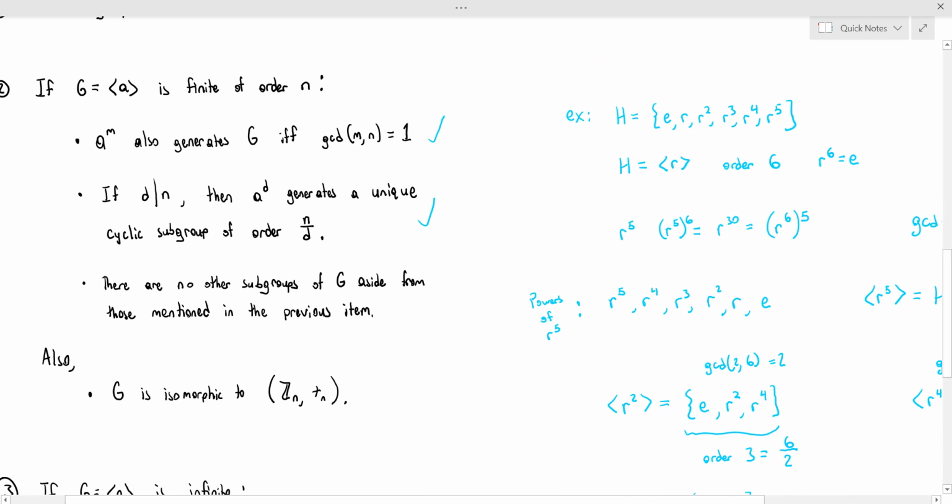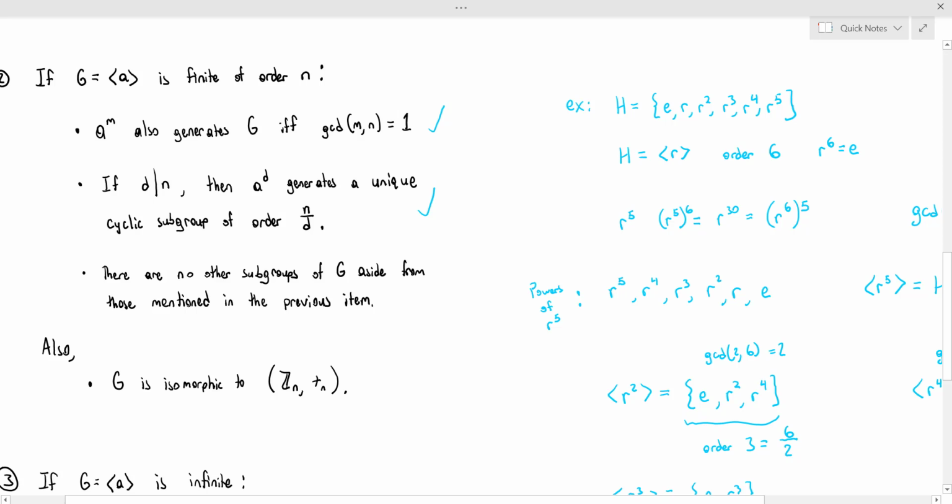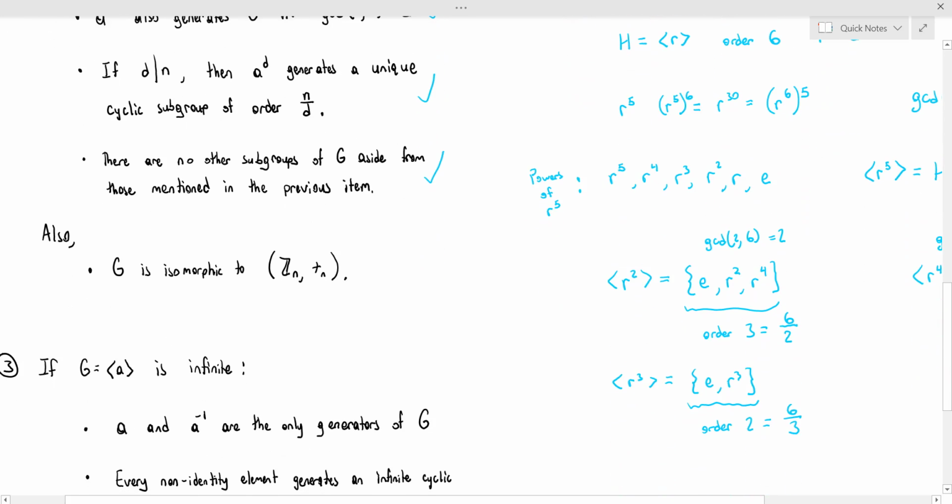That shows you the uniqueness of each of these cyclic subgroups. And there are no other subgroups aside from these cyclic subgroups here.